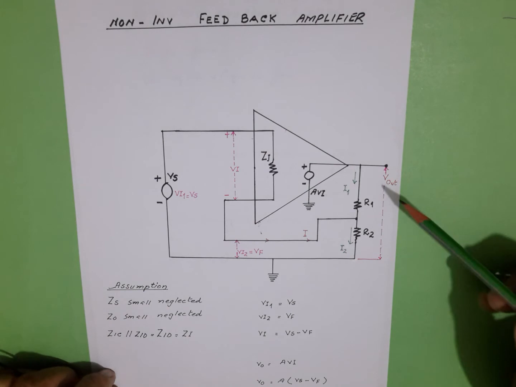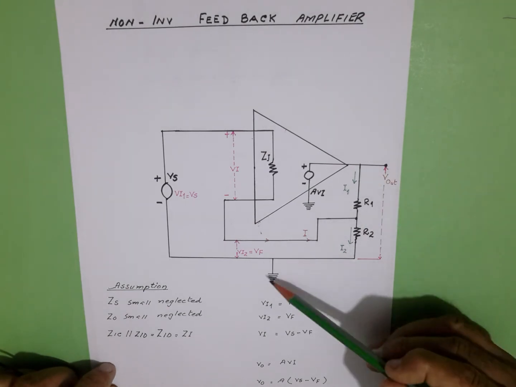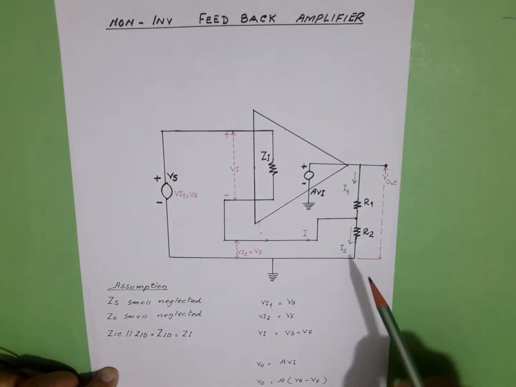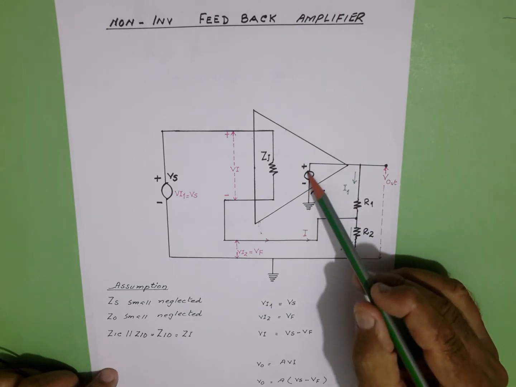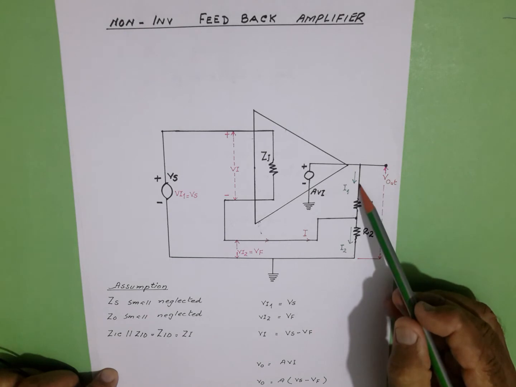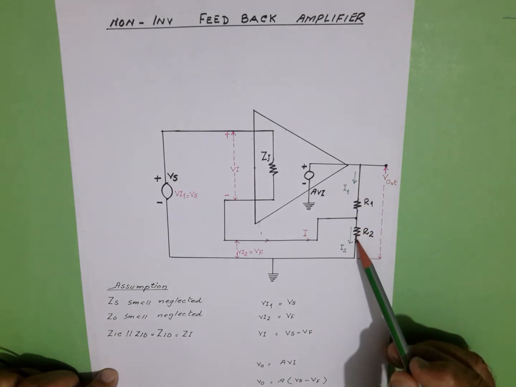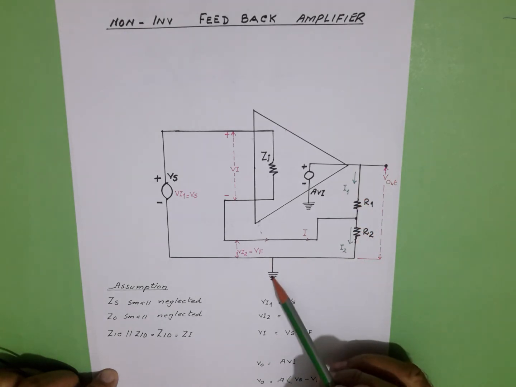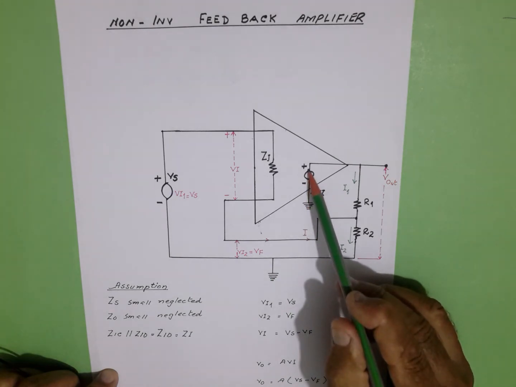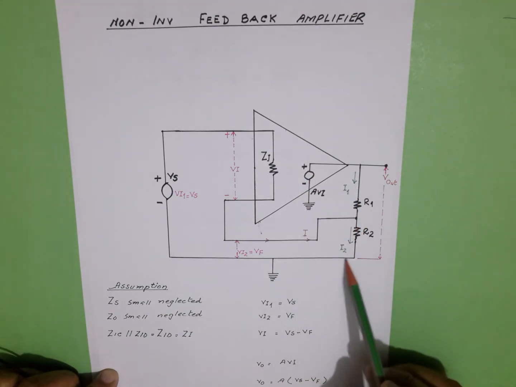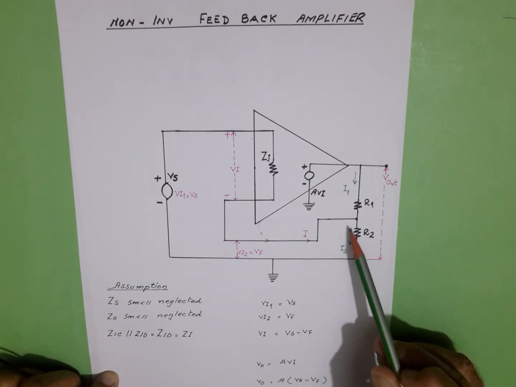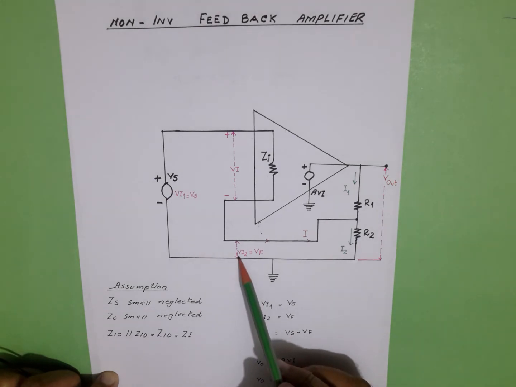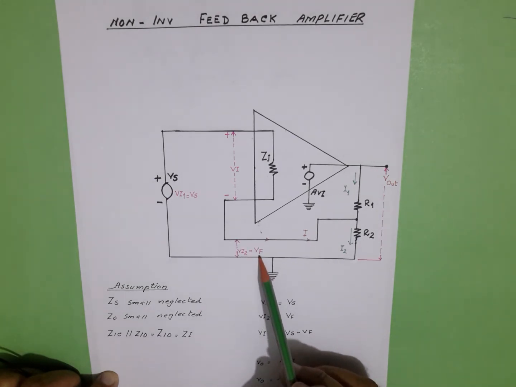The output is taken between this point and ground, and there is a voltage when the current flows from ground through R1 through R2 to ground, and it completes the circuit, and it drops a voltage across R2, and that voltage is called feedback voltage, and it is called V input 2 is equal to Vf.